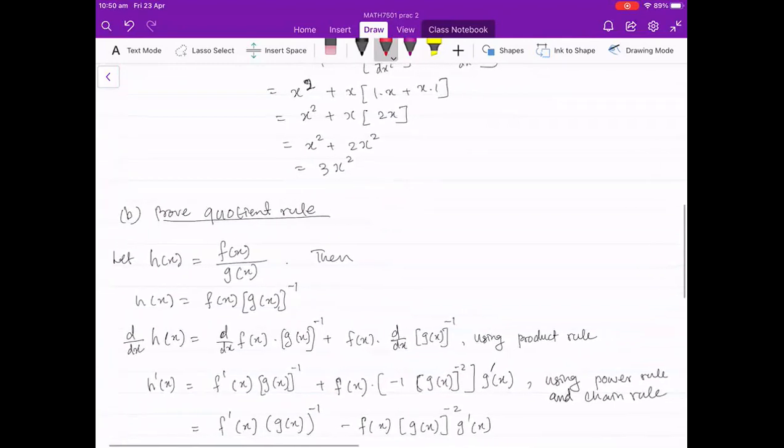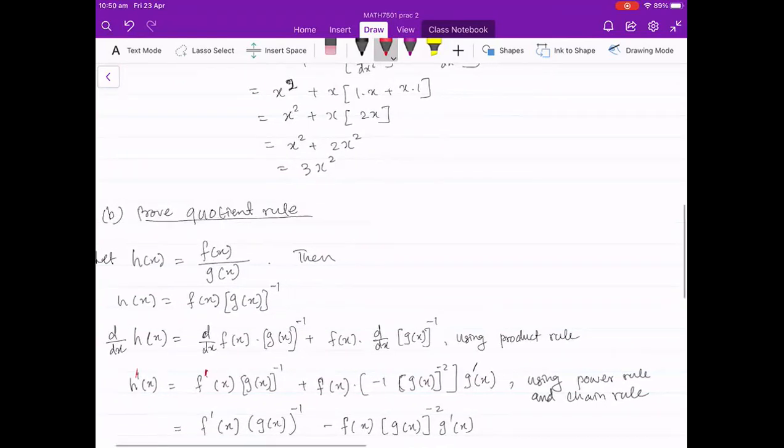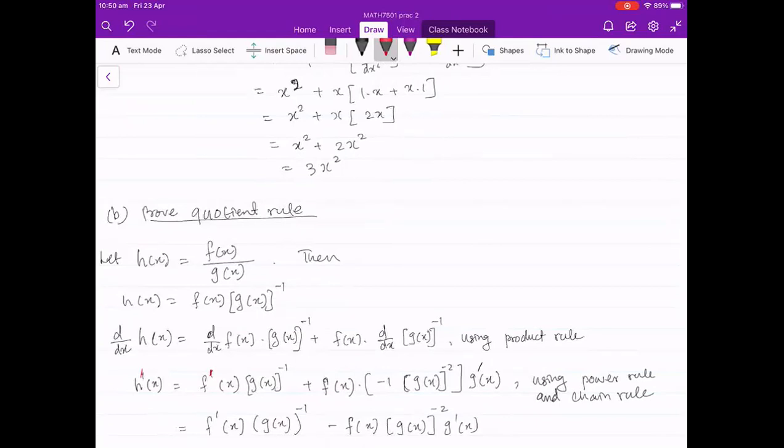And then, oh, this is my shorthand notation. I started with d by dx, but then converted to f dash, h dash. So don't worry about it. The next step is using the power rule and the chain rule.